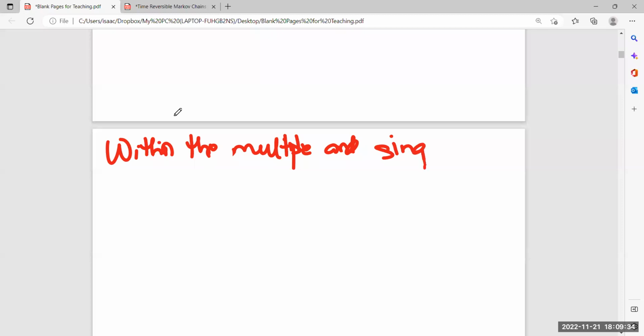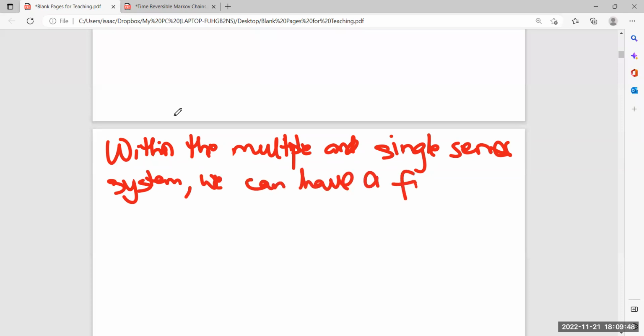Within the multiple and single server system, we can have a finite queue length.